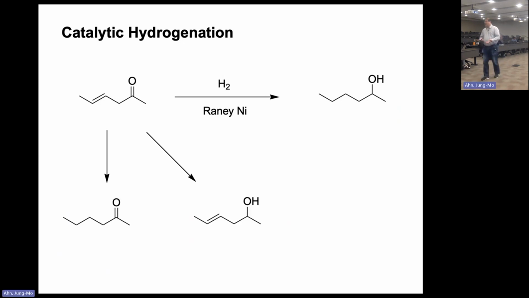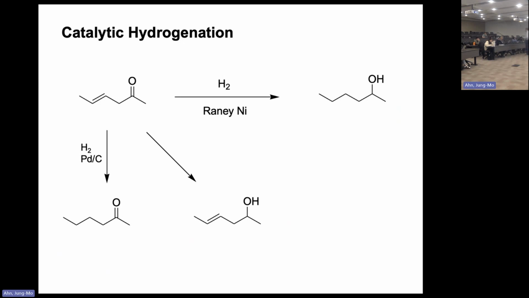But there are situations where you may want to reduce just one, not both. In case you want to reduce these double bonds, what would you prefer to use? Double bond reductions can be done with only a few things, hydrogen gas, but nickel does this, and platinum has the potential to do that too. The only thing that remains is palladium.